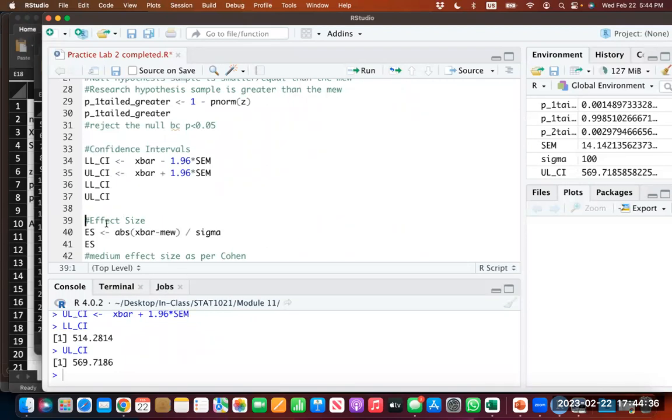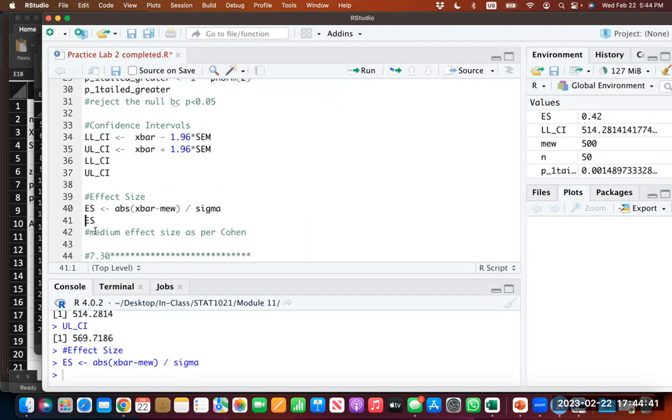The effect size is calculated, as we know, by X bar minus mu. We again need to take the absolute value, because conventionally the effect size is always positive.